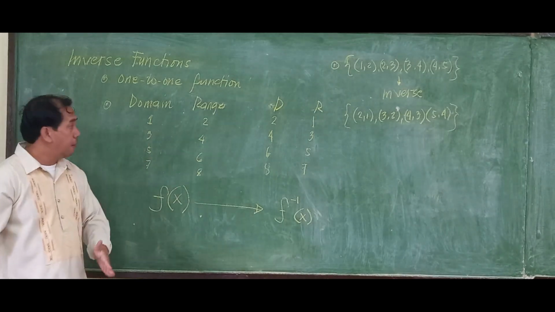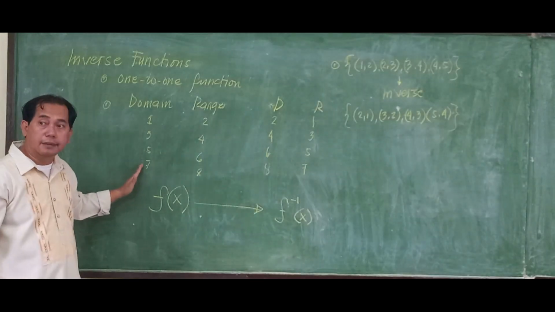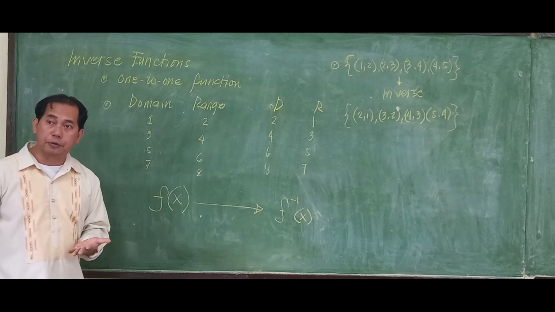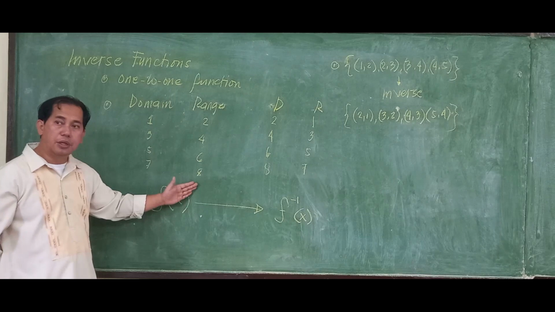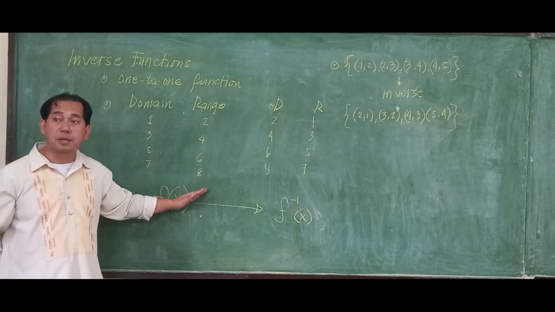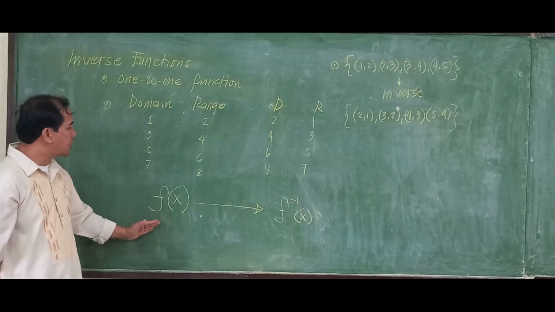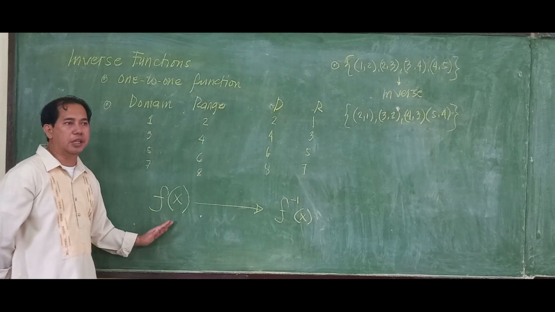Now, notice that the elements of the domain are not repeated, so that it can be said to be a function. And another one, the range in here is also not repeated. So, unique. Now, if this is an original function, shall we say f of x, what would be its inverse?